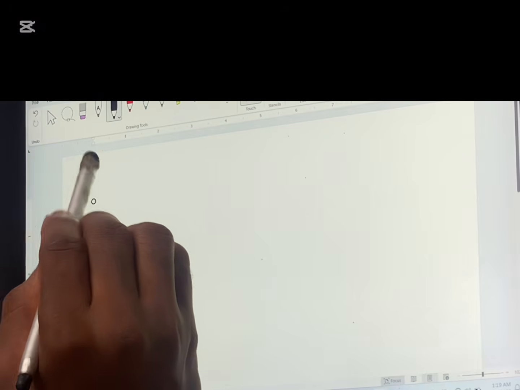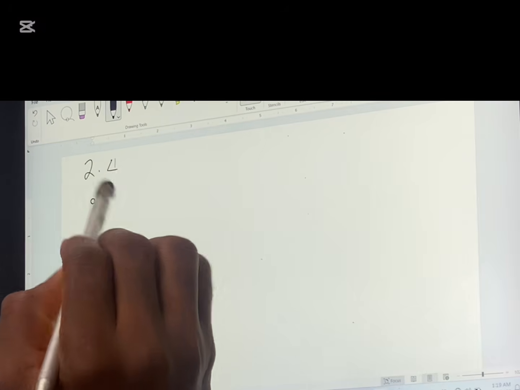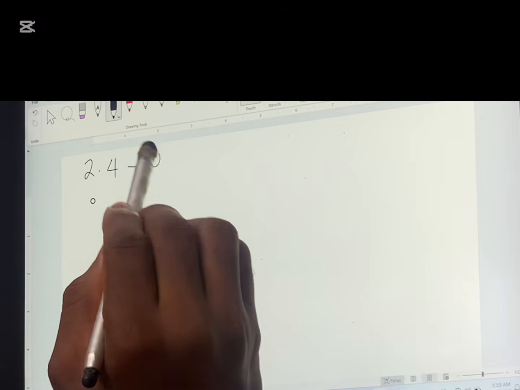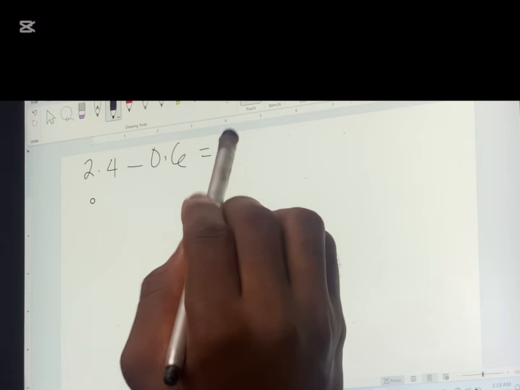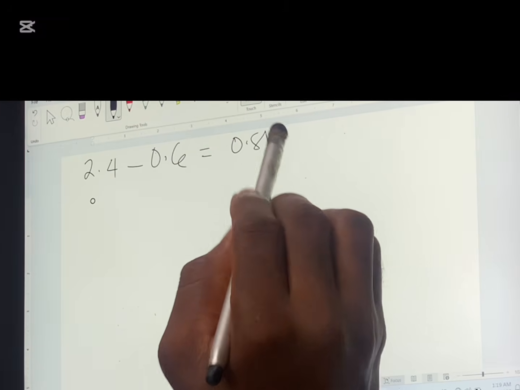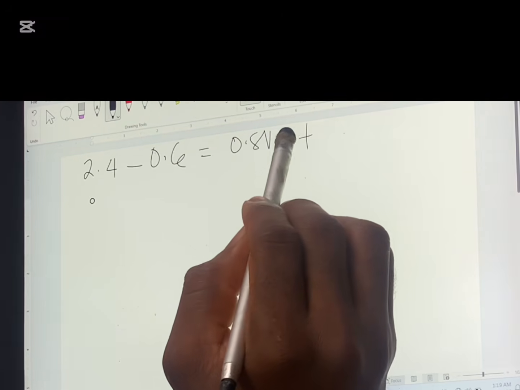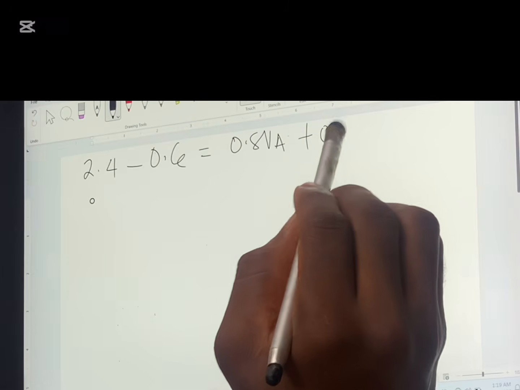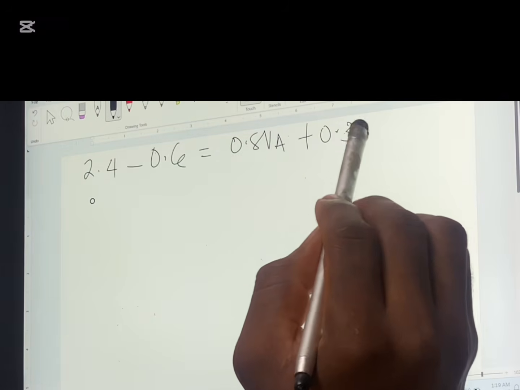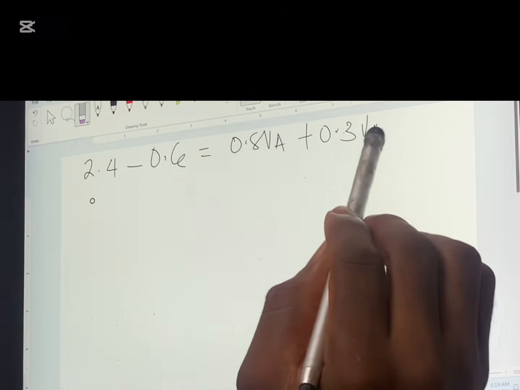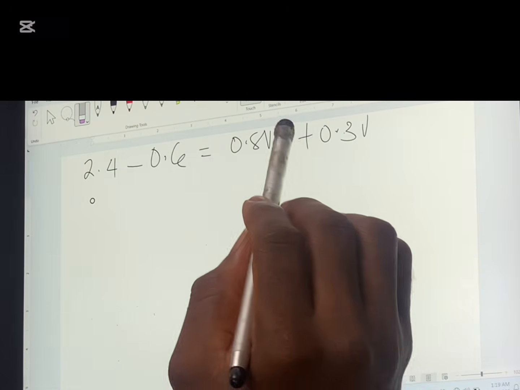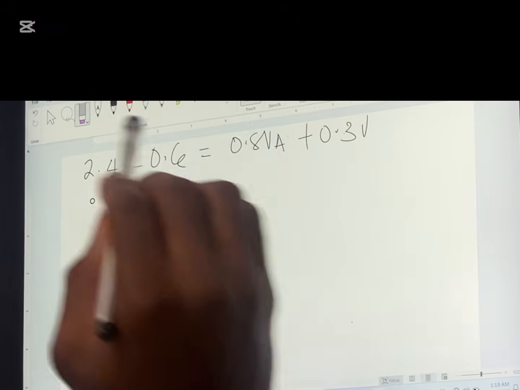So when you do that, we have 2.4 minus 0.6 is equal to 0.8 VA plus 0.3 VB.